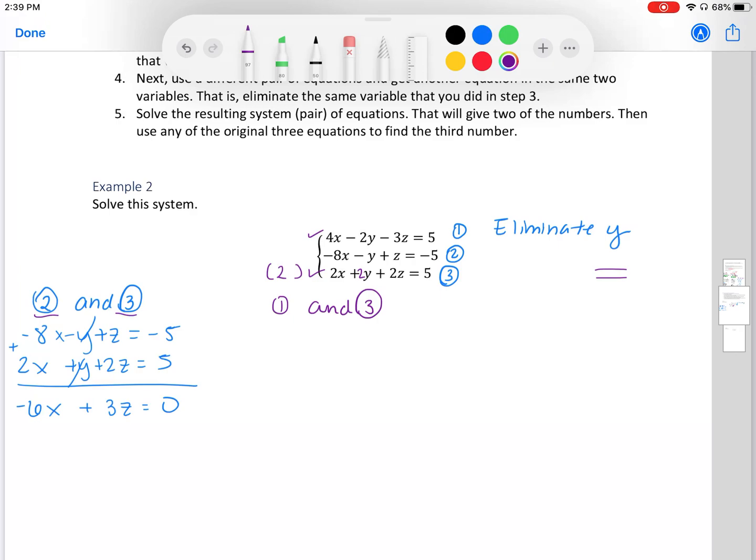First I had 2 and 3, now I have 1 and 3. For equation 1, we have 4x minus 2y minus 3z is equal to 5, and 4x plus 2y plus 2z equals 5. So that's 0, and we're left with 8x plus or minus z is equal to 10.